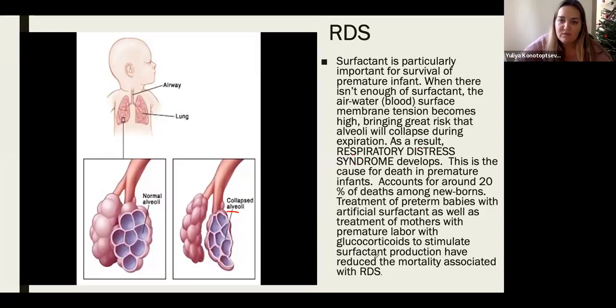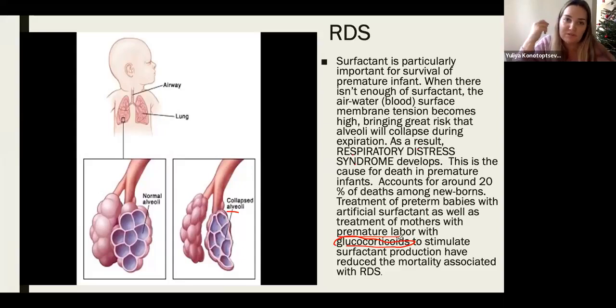How can we prevent this? Nobody knows why. But if you give cortisol to a woman in premature labor, so she entered the labor, it's before her due date, right? She entered the labor and it's too early. If you inject her with cortisol, for some reason, it quadruples the amount of surfactant in the embryo.